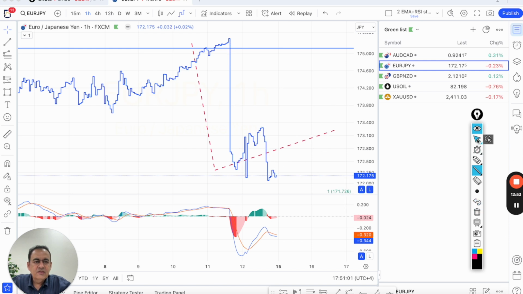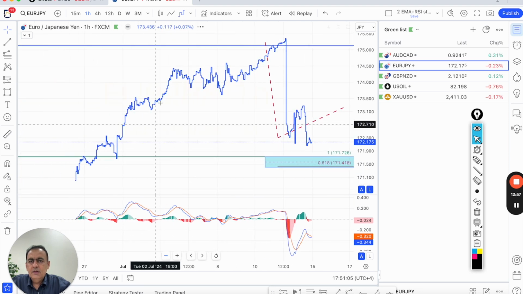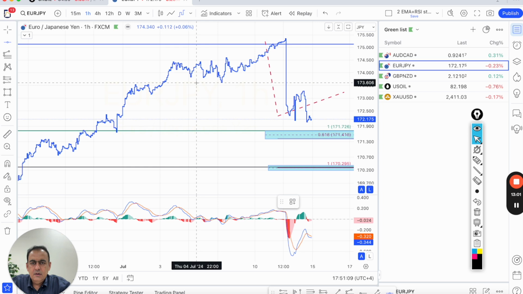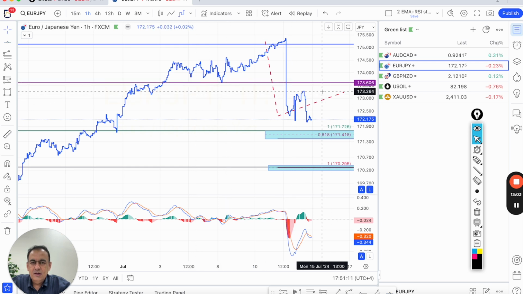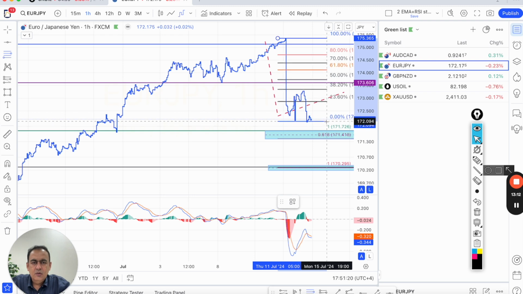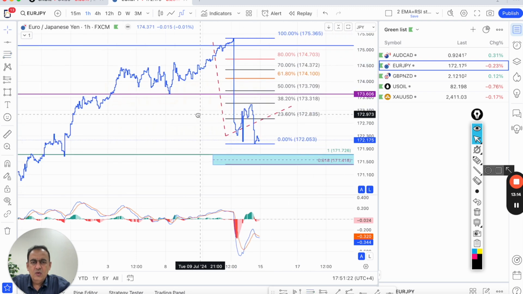Now I'm going to mark some important levels here based on the 1-hourly chart. I can see that we have support here, which will be the new resistance if the market starts moving up. I can also apply Fibonacci retracement from the highest point to the lowest visible point on the 1-hourly chart.